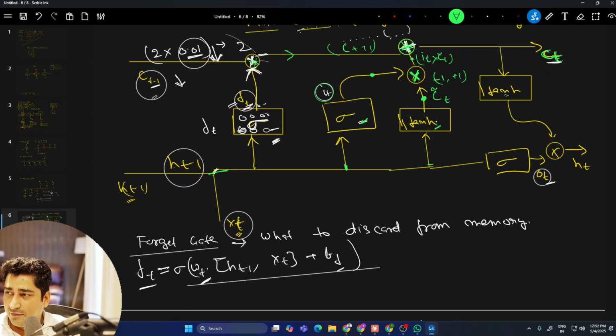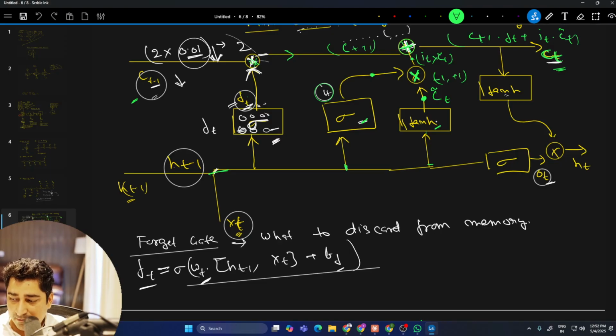If I have to update my CT, it is the old CT minus 1 into FT, plus IT into C delta T. Can I say that this is going to be the new CT, guys? This is how we are updating the CT.